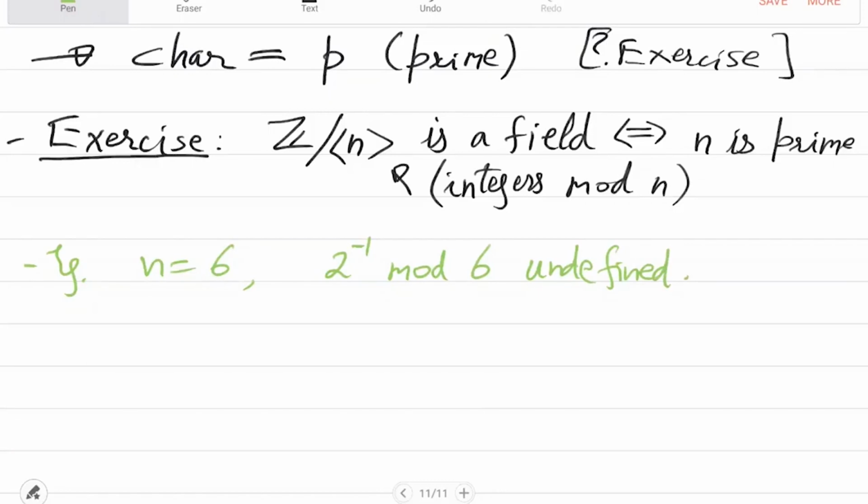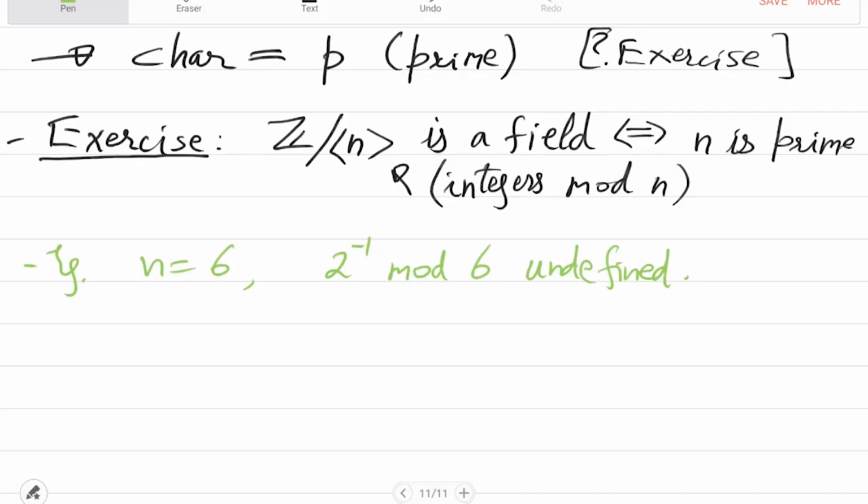There is no number x such that 2x is equal to 1, and this you can see by going mod 2. On one side you will get 0, on the other side you will get 1, right? So that contradiction means that 2 inverse cannot exist.